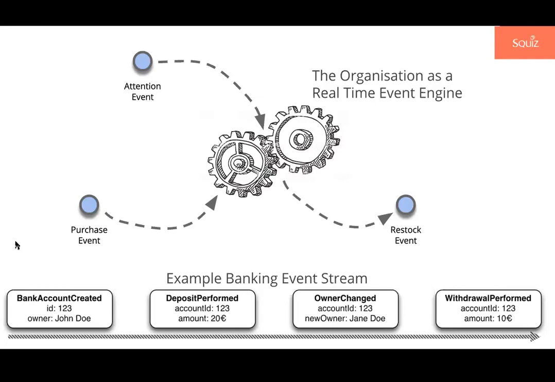So if they want to multiply how many customers they're servicing by 10, they can simply scale up the infrastructure sitting behind it. They don't have to hire 10 times as many people. And this is becoming more and more the way they're doing things. They're saying set up things as an event engine rather than as a manual process where there are people involved.